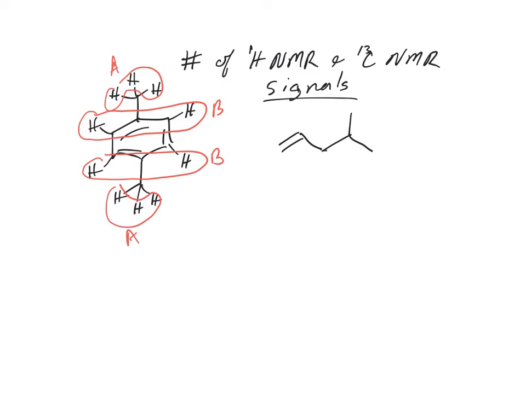Now let's redraw it. So for proton NMR, we have 2. Now for carbon, how many peaks would we have? For carbon NMR, how many peaks would we have? 3.